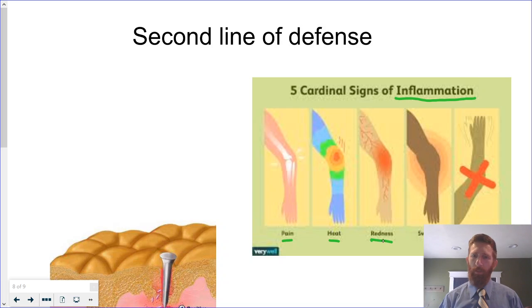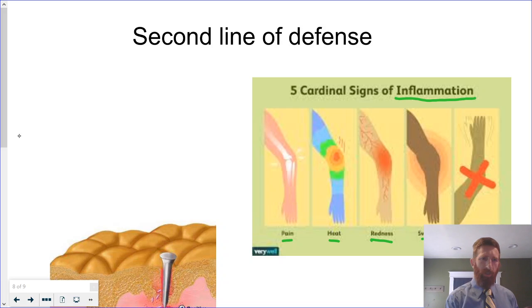Number 3, redness. Number 4, swelling. And number 5, if the inflammation is in a joint, like fingers or elbow or knee, usually due to the swelling, there's a loss of function. You can't move it as well. You don't have your full range of motion.